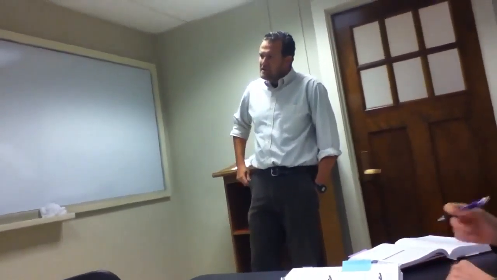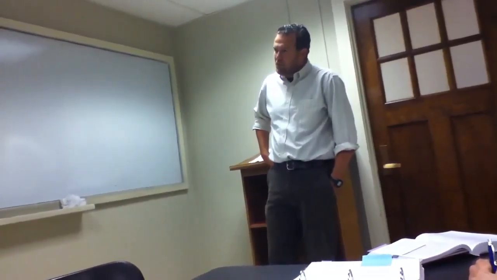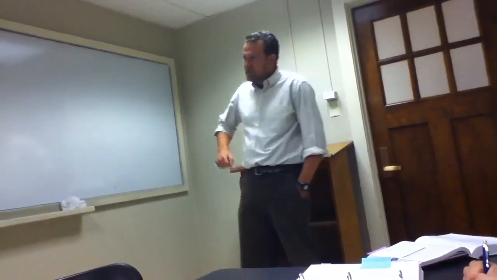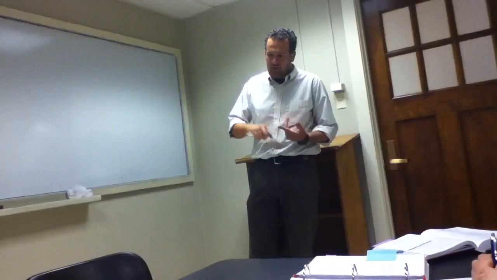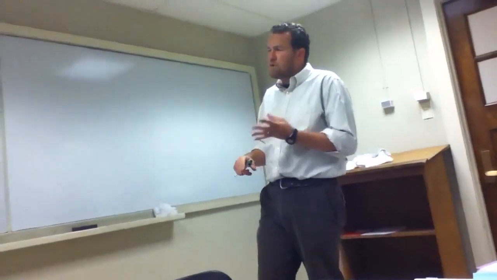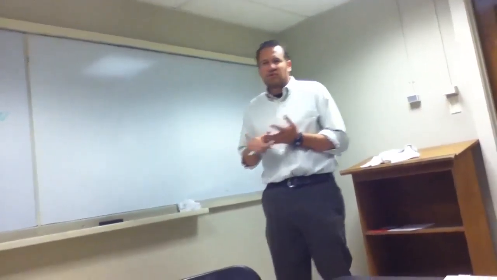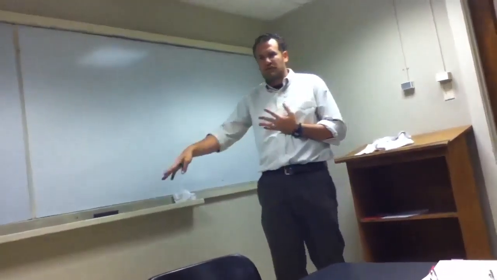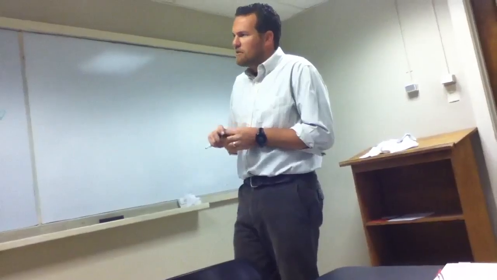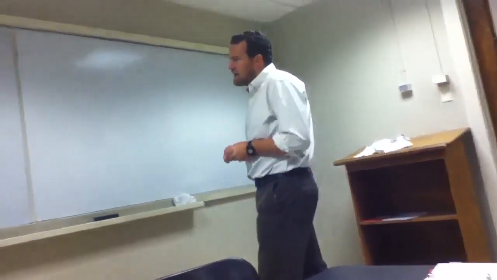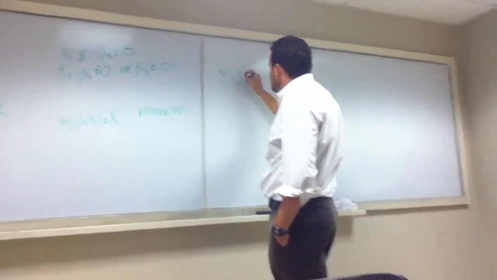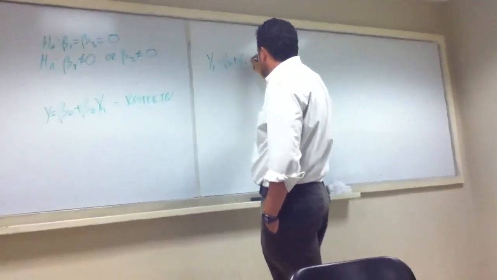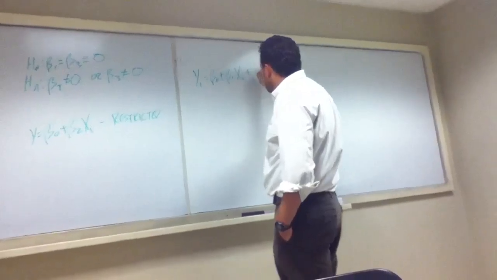Another thing we talked about was when we have more than one binary variable. What if you have something like season: fall, winter, spring, and summer? If you include all four of them, you have perfect multicollinearity, so you have to exclude one and put the rest in your regression. Let's say we have yi equals beta 0 plus beta 1 xi plus beta 2 fall plus summer plus spring. Each of these is a binary variable.